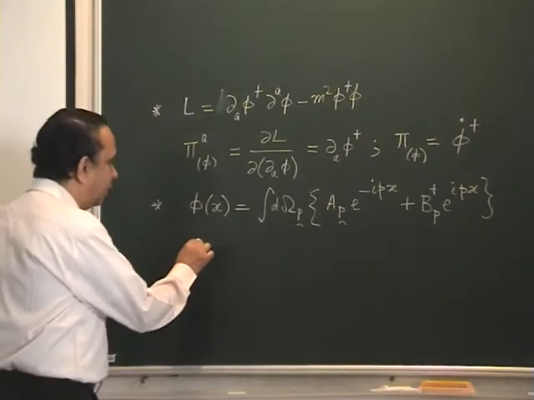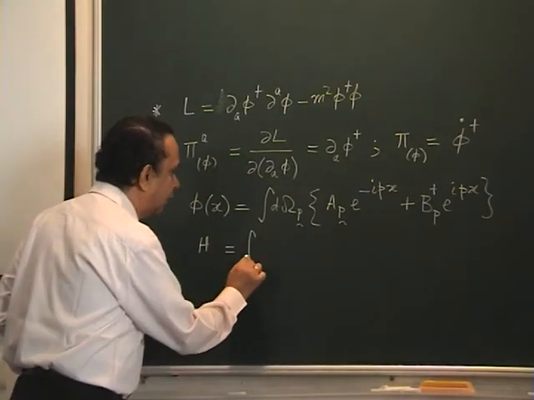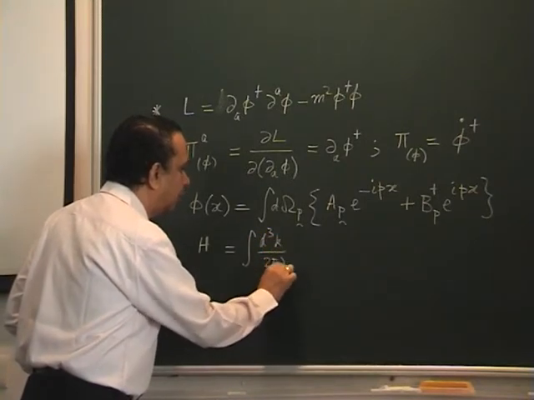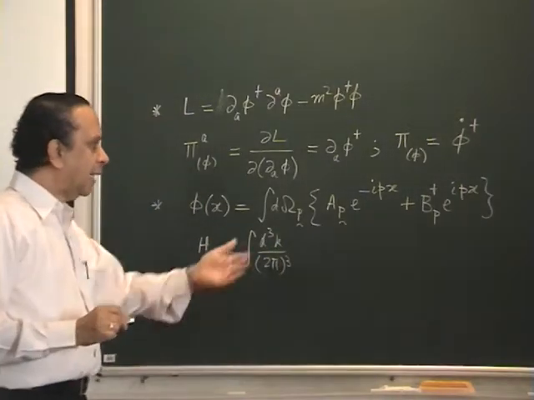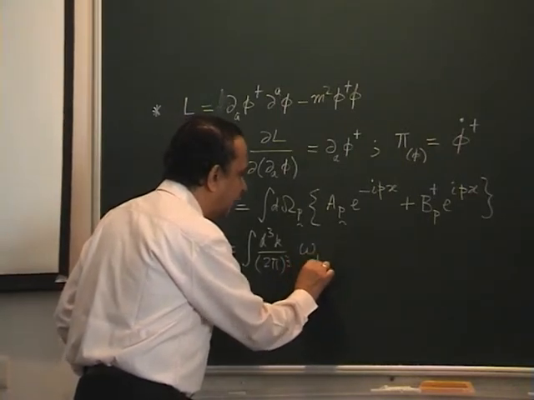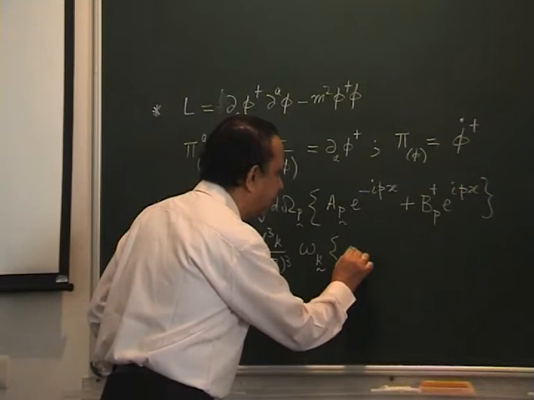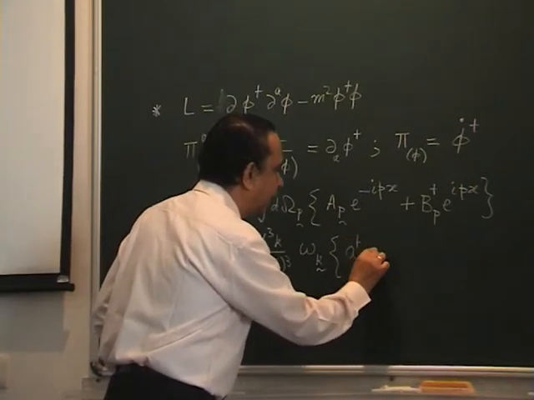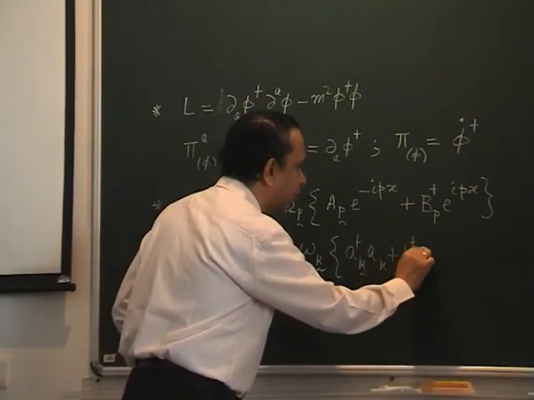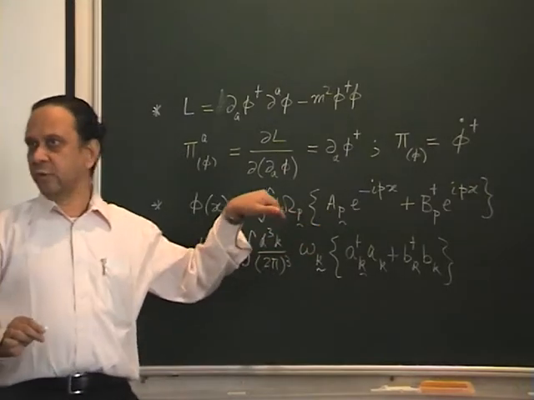You will find that the Hamiltonian can be written as d3k upon 2 pi the whole cube, and both the real and imaginary parts will contribute, and if you eliminate the zero point energy, you will end up getting omega_k times the number of particles, which will be a_k dagger a_k plus b_k dagger b_k, where a_k and b_k are related to these by that square root of 2 omega factor.